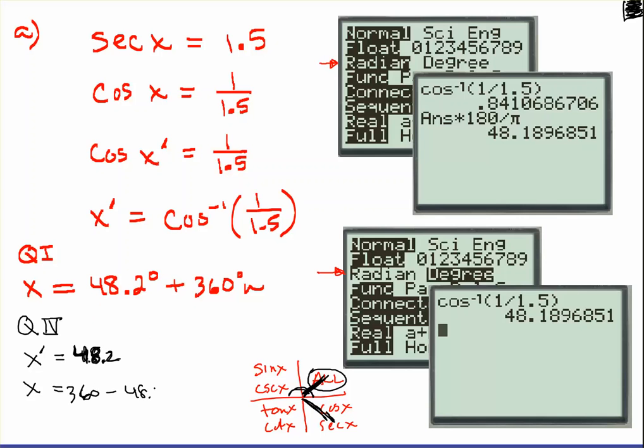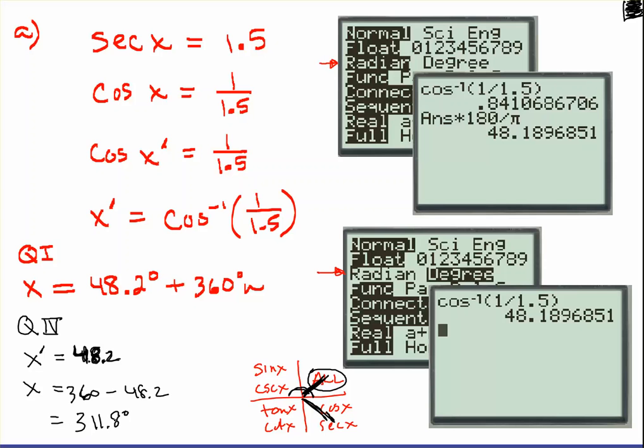Anybody got that? Nobody's talking to me. 311.8 degrees.